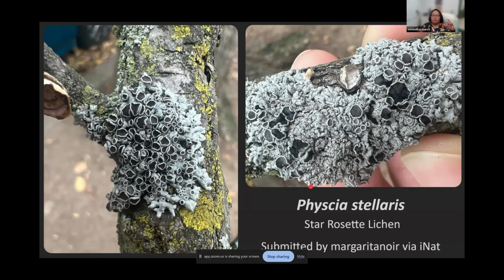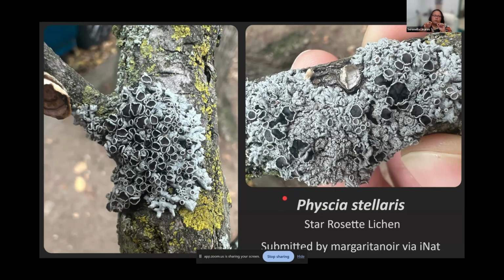However, when you compare Physcia stellaris with other species in our area, Physcia millegrana, for example, the lobes are not as big. The apothecia, or the dark circles that you see here, are not as big, not so many lobes or curves at the edge.